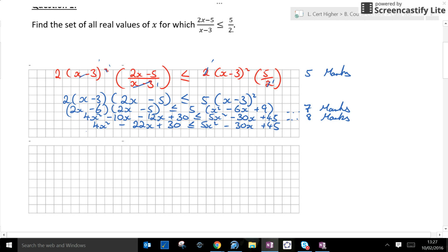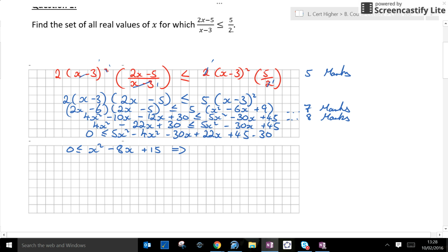So I get 0 less than or equal to 5x squared, subtract 4x squared, minus 30x, add 22x, plus 45, subtract 30, which gives us 0 less than or equal to 5x squared minus 4x squared is x squared, minus 30x plus 22x is minus 8x, plus 45 minus 30 is plus 15.